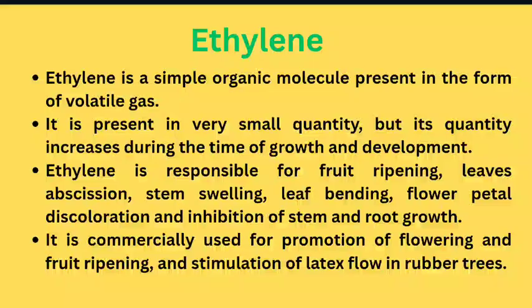So this is the chemical that we can use in fruit ripening, for early flowering. In rubber tree we can use it for latex flow also. Okay, so that's all about ethylene.